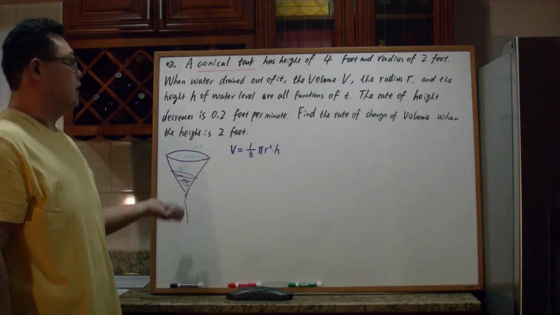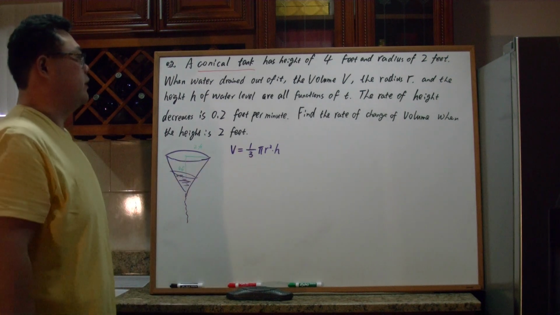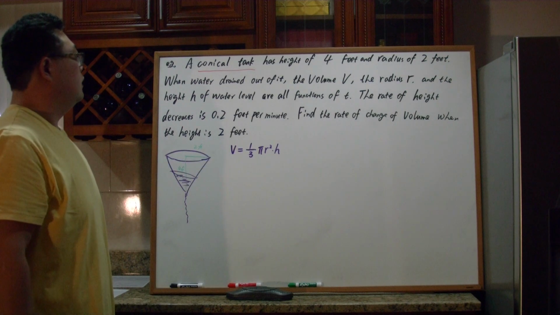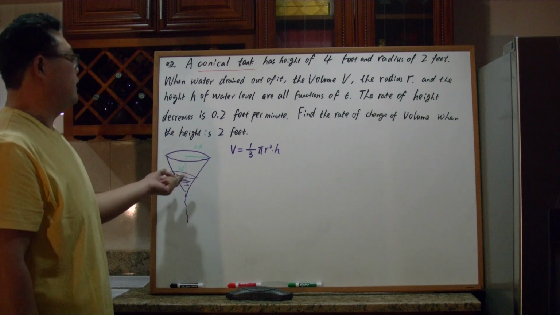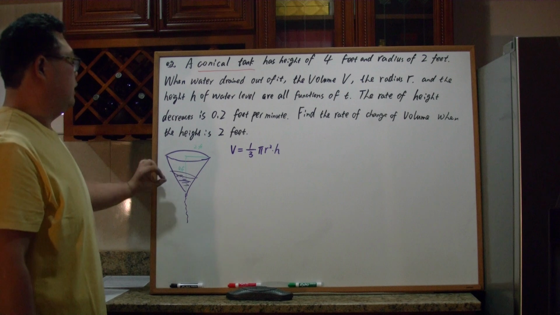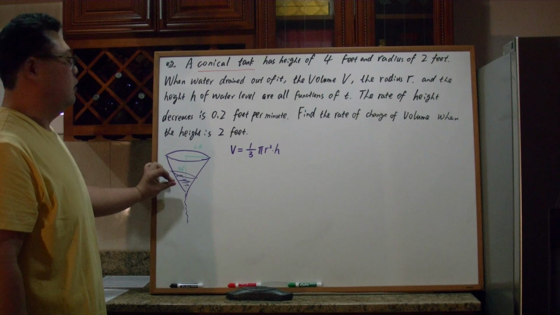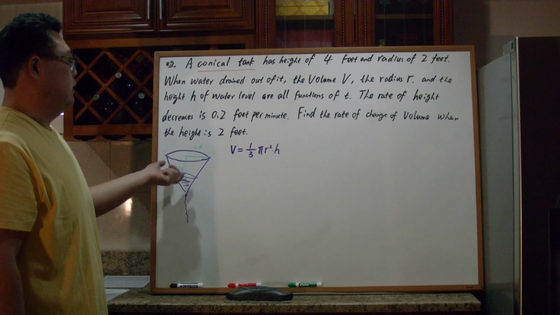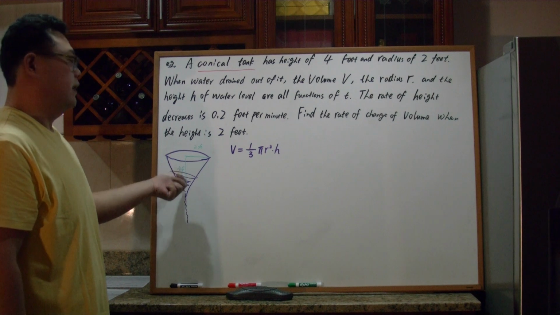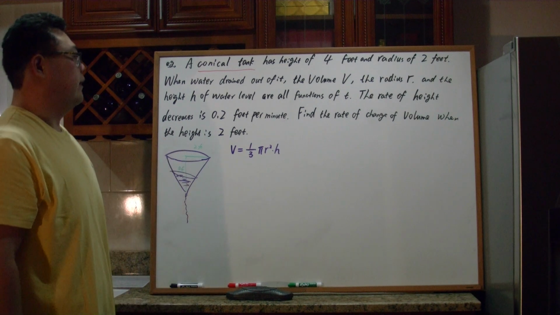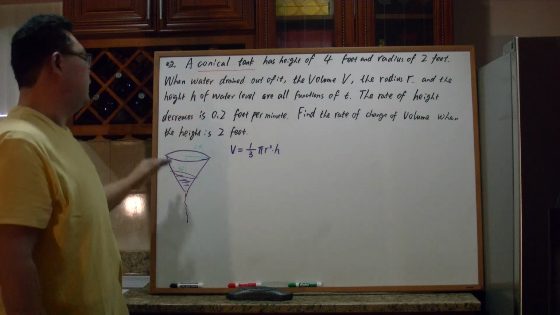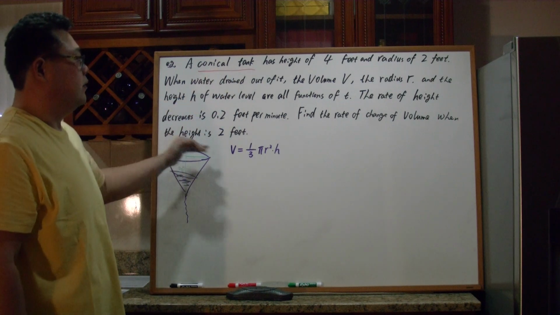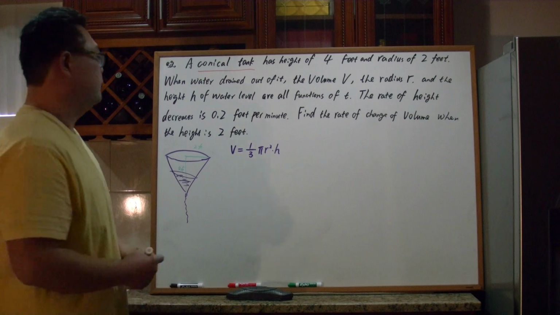That's a third pi r squared h. Then the volume and the height are definitely functions of time. As time changes, the volume will be different. And what we get is originally the ratio between height and radius is 4:2.